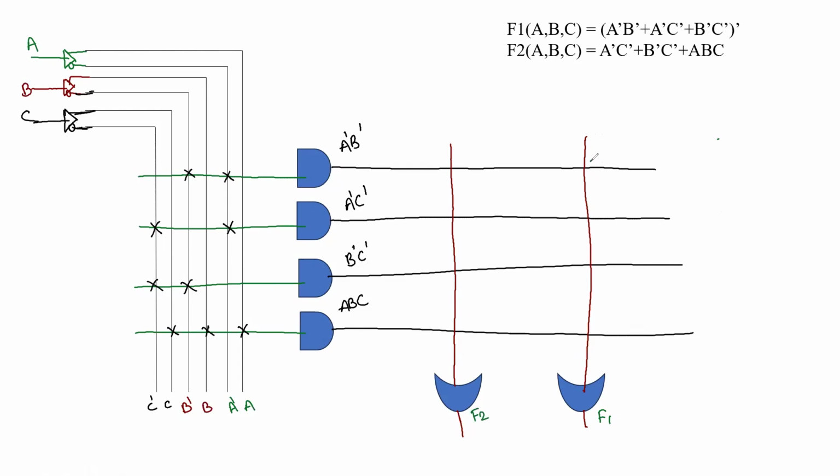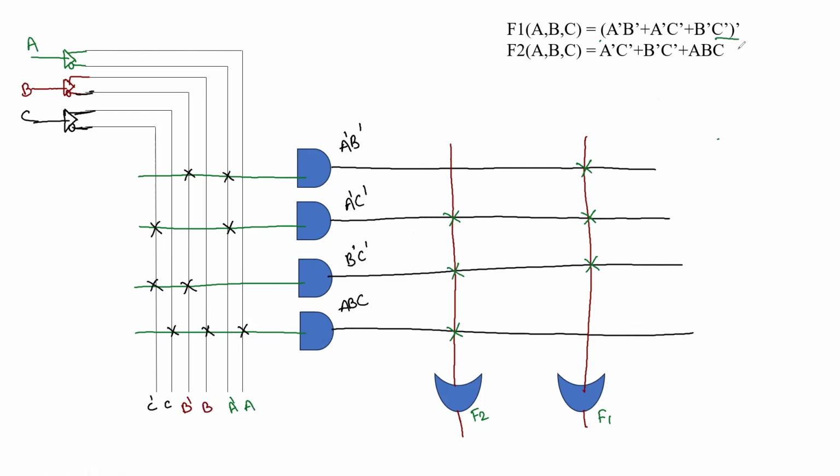So f1 has terms a', b', so it is crossed here, then it has a', c', and the third one is b', c'. Whereas for f2, we have a', c', b', c', and the third one is what here, a, c.